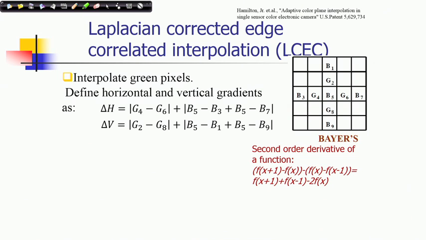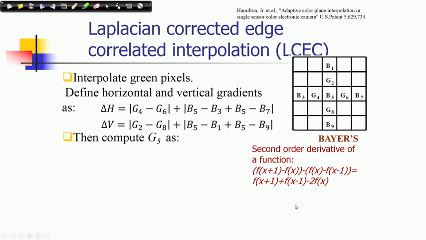You can see that the top neighbors of B 5 are considered for estimating the vertical gradient first order derivative, and the second order derivatives are also computed from the vertical columns of blue components. So, now the algorithm is that you have to find out in which direction the gradient is minimum.